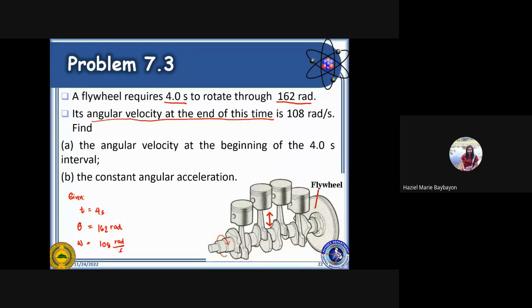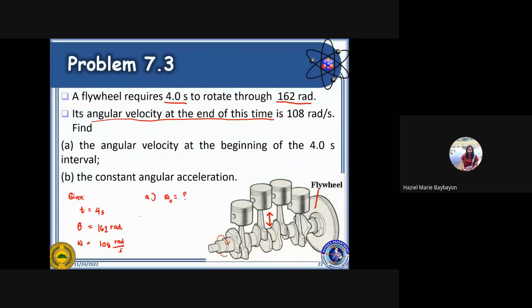So, ang gipangita class for number 1, for letter A, is the initial angular velocity. So, what is the initial angular velocity? Now that we have this given, so unsa nga equation atong gamiton, class? What equation shall we use to find omega naught?